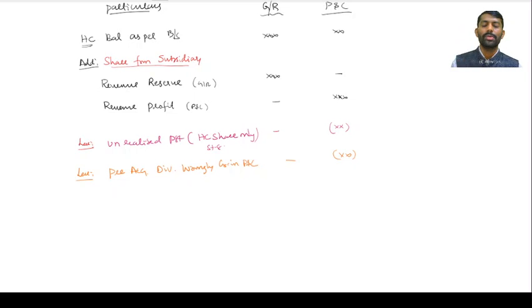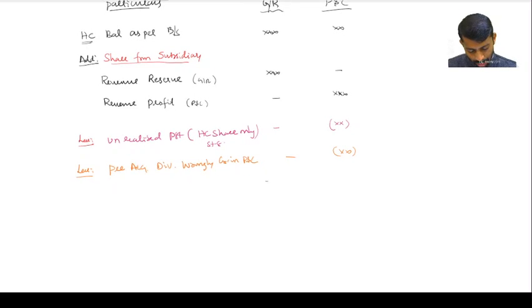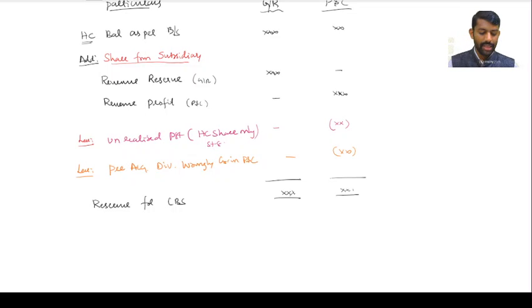So this is the minimum adjustment. Suppose any problem-specific nominal accounts adjustment is there, we have to take that into consideration while solving a problem. So this is reserve for consolidated balance sheet: that means revenue, the general reserve and P&L account, for the purpose of the consolidated balance sheet. Along with that, in step 6, if capital reserve is there, that also will come in the balance sheet as a form of other equity.